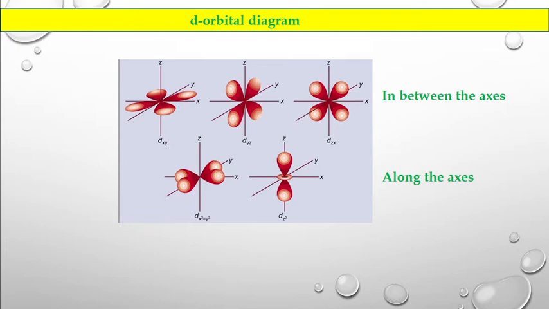That means the lobes of dx square minus y square are along the x and y directions, and the lobes of the dz square orbital are along the z axis. The other three d orbitals, dxy, dyz and dzx, have their lobes in between the axes.